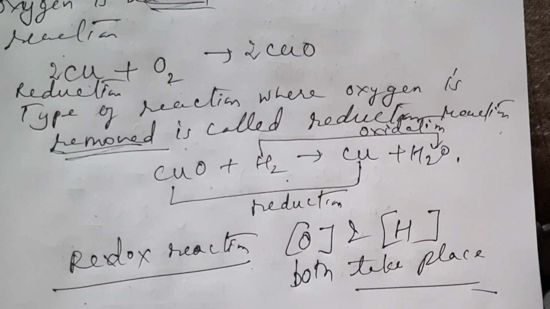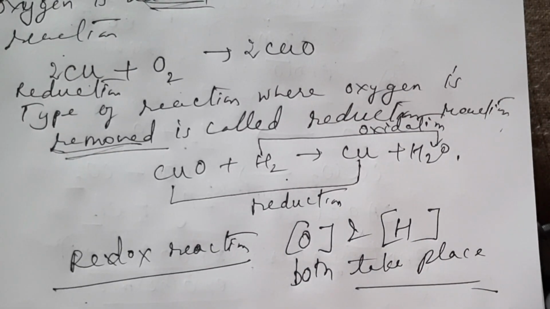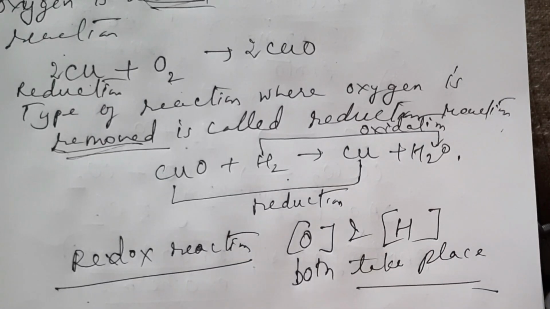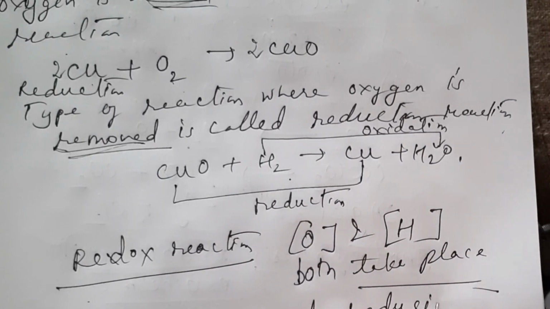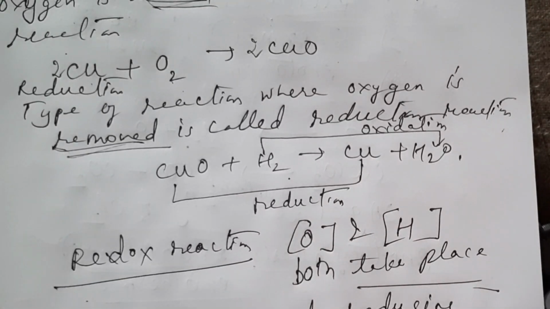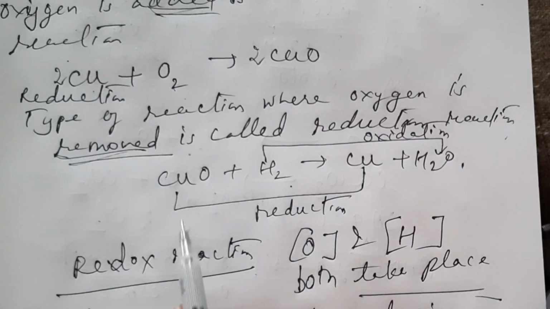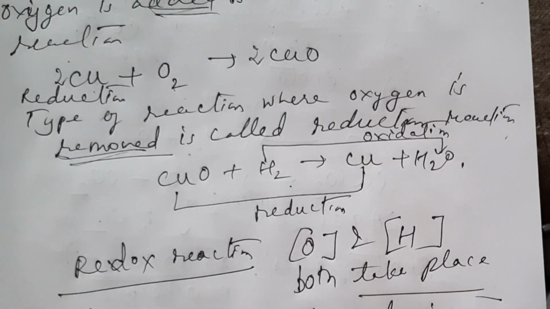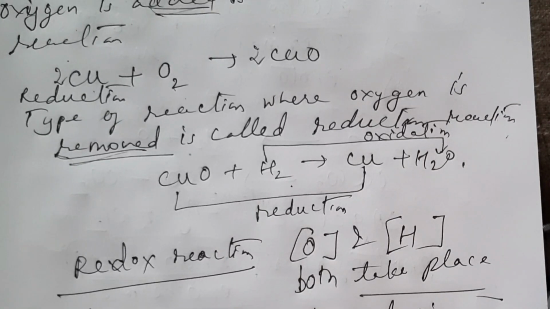Now one more question is there: what is an oxidizing agent? What is an oxidizing agent and what is a reducing agent? An oxidizing agent is that which oxidizes other and itself gets reduced. Like here, for this case, copper oxide plus hydrogen, the oxidizing agent is CuO.